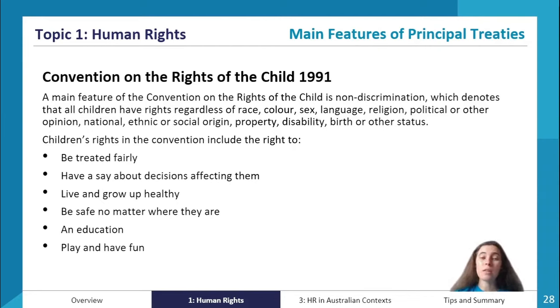But this convention is recognizing that they should actually have a say about the decisions that affect them, because ultimately it is about them and they are still people. They also have the right to live and grow up healthy, to be safe no matter where they are. They have a right to an education and the right to play and have fun.